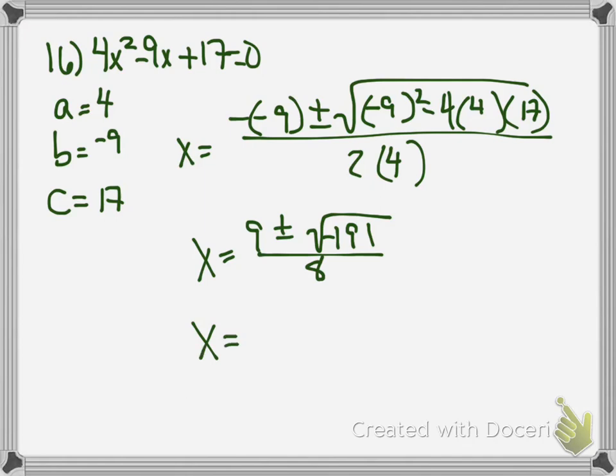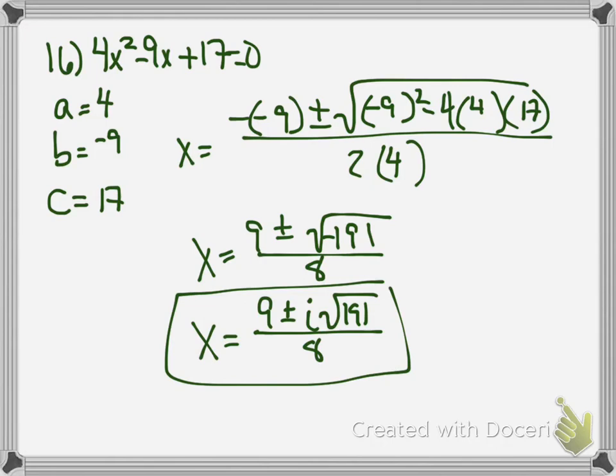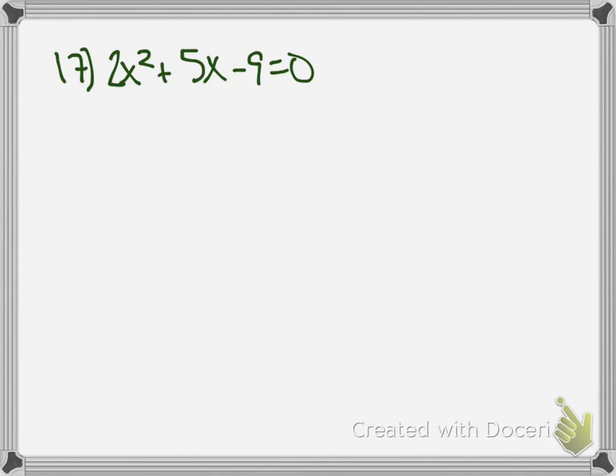Okay, so negative 191, first off I would put i, so i plus or minus 191 over 8. If you can further simplify that, that's great. I would go ahead and count it right here because, time-wise, I don't want y'all having to spend a lot of time simplifying because you've already had some problems with that.